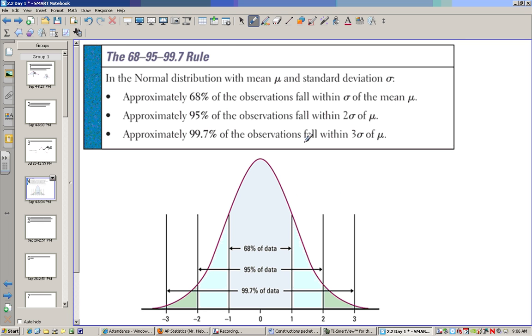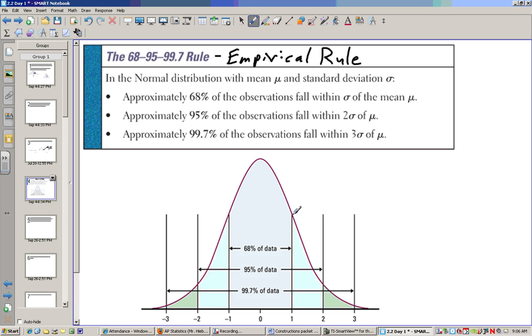There's a rule, we call it the empirical rule. The empirical rule is a 68, 95, 99.7 rule, which says about 68% of the data is within one standard deviation of the mean.